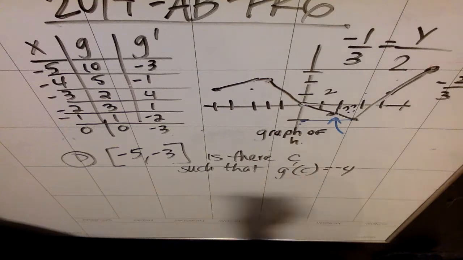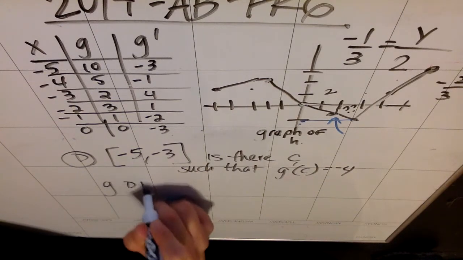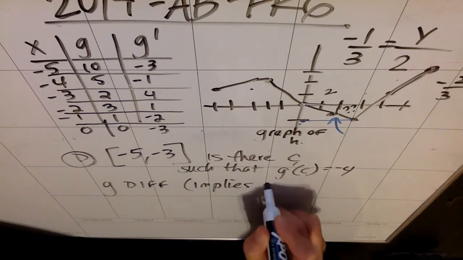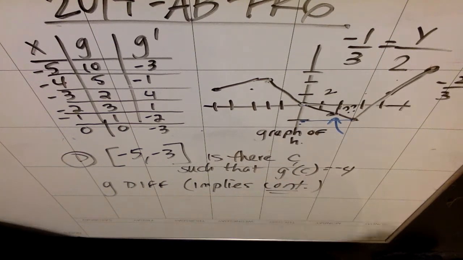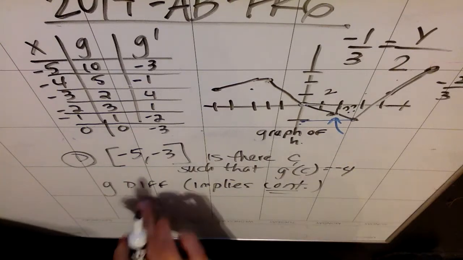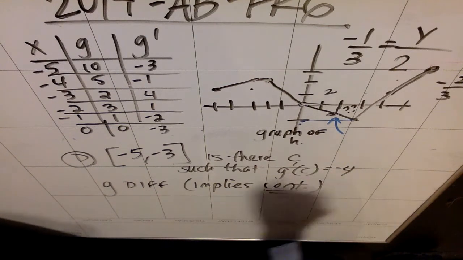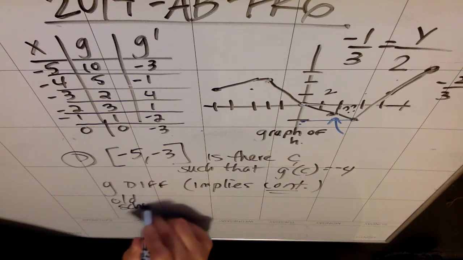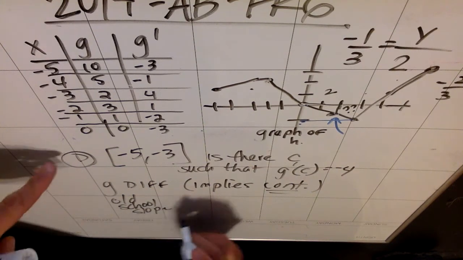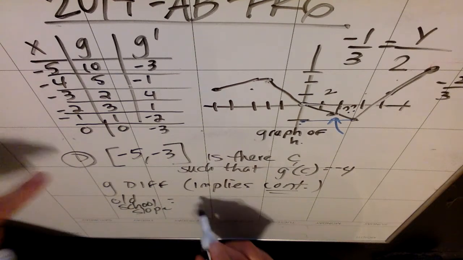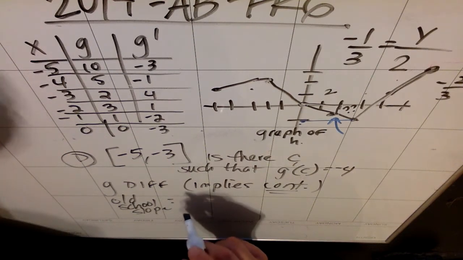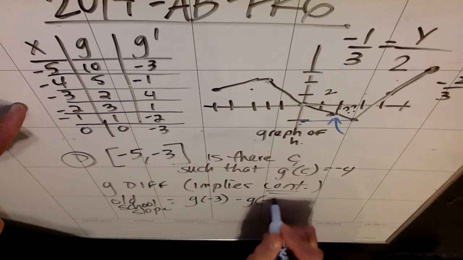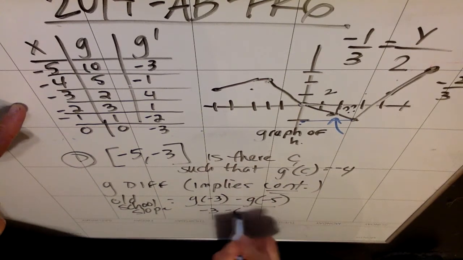We were told that g is differentiable, which implies continuity, because you can't be differentiable without being continuous. So we know g is continuous, we know it's differentiable, and if we were to find the old school slope on the window they gave us, the old school slope for g from negative 5 to negative 3 would be g of negative 3 minus g of negative 5 over negative 3 minus negative 5.